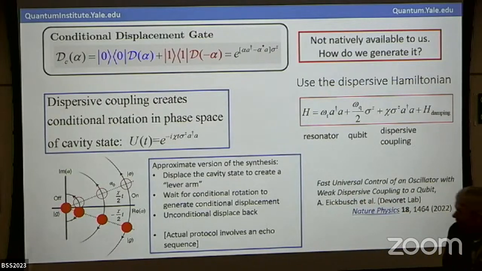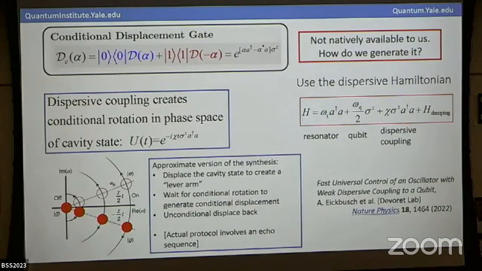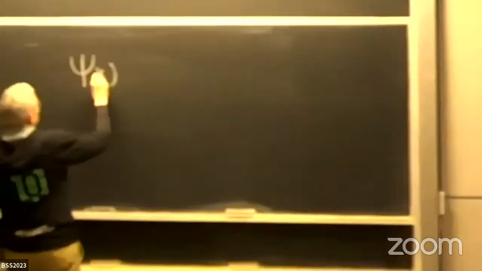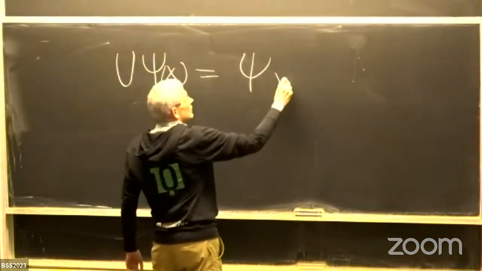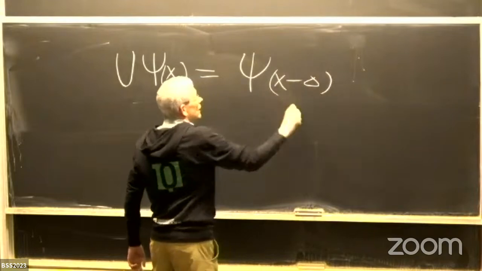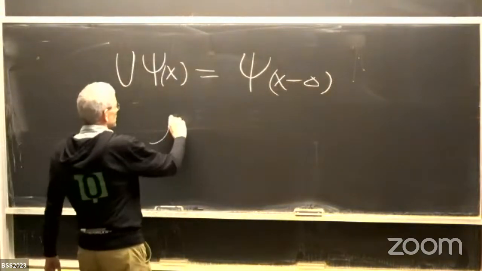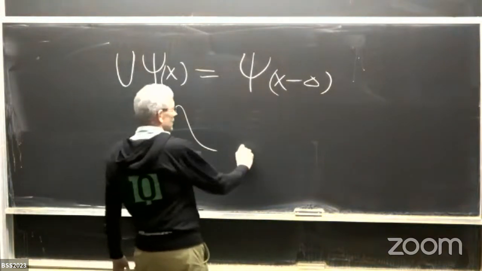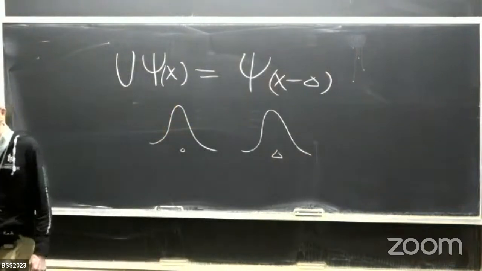Let me explain why that's a displacement. Suppose I wanted a unitary which took some state centered at 0 and made it centered at x equals delta.